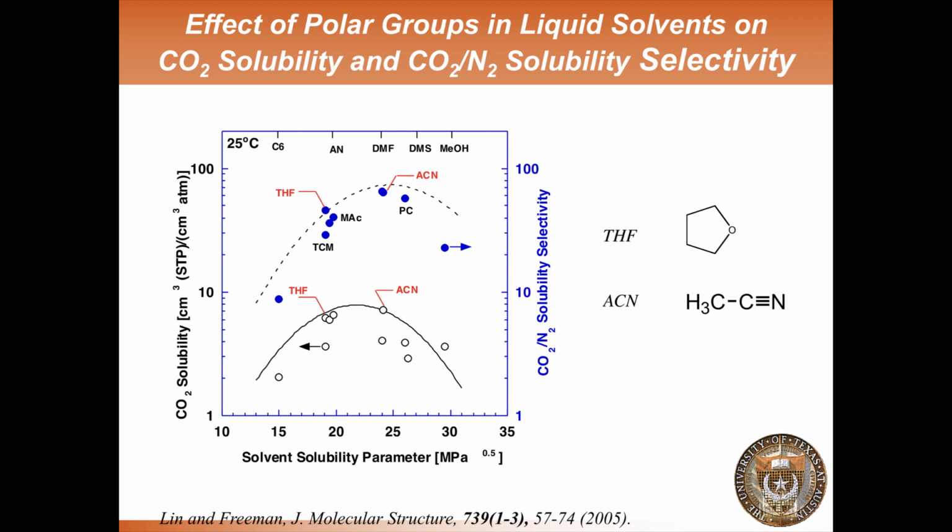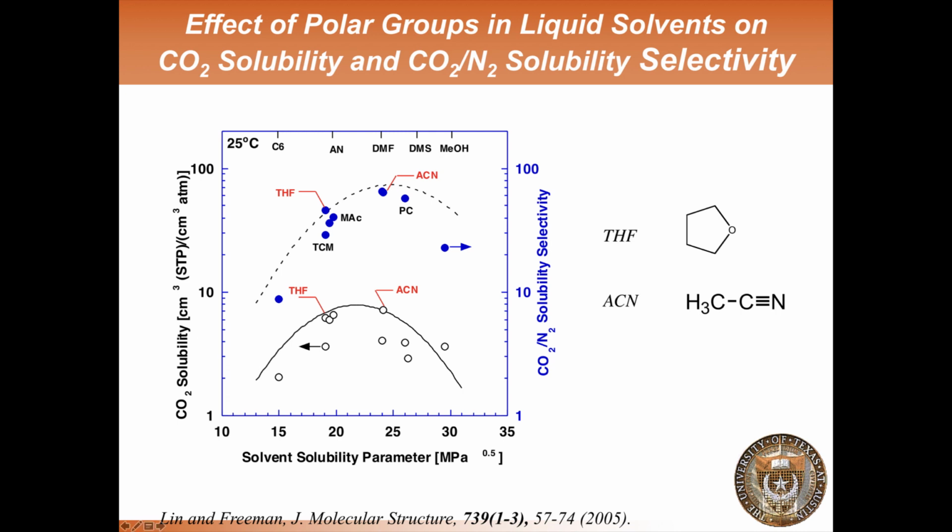And so as you put more and more acrylonitrile units into the backbone of a polymer, you get higher and higher CO2 solubility and lower CO2 permeability, because the CO2 enjoys being in the neighborhood of those acrylonitrile units thermodynamically enough that those interactions are strong enough that they actually slow the diffusion of CO2 through the material.